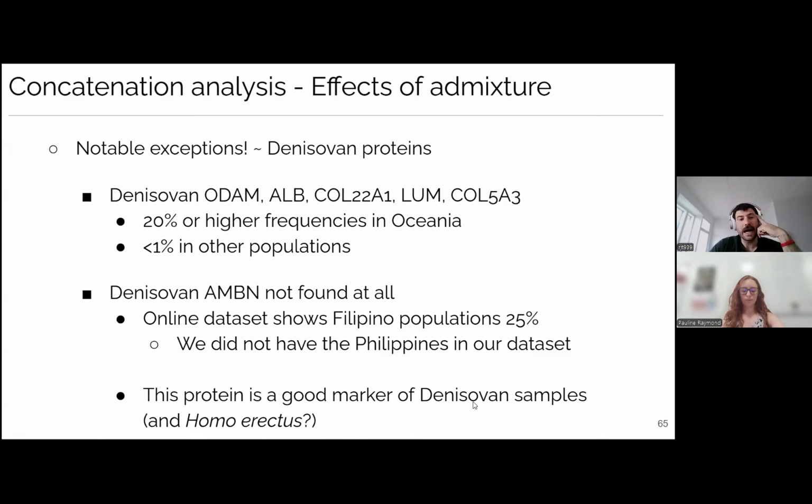This protein I highlight because it has been used in multiple studies now to identify samples in the fossil record as being Denisovans or belonging to Denisovans. And most recently, there was a Homo erectus study that showed that some of the Homo erectus samples also have this Denisovan AMBN version.